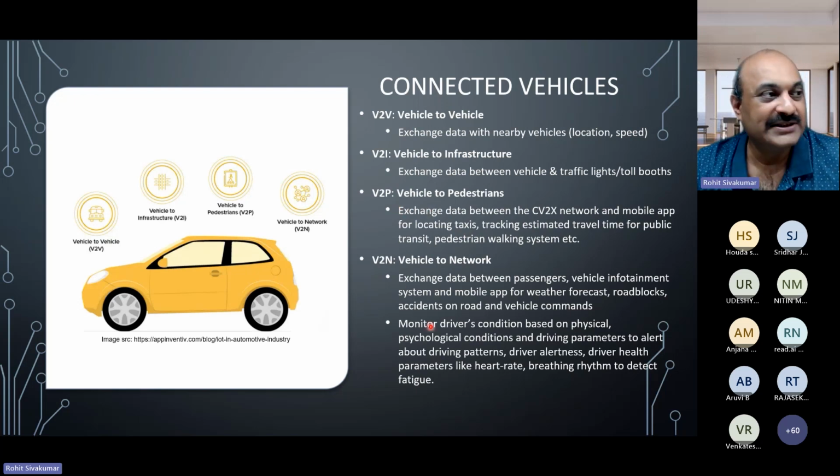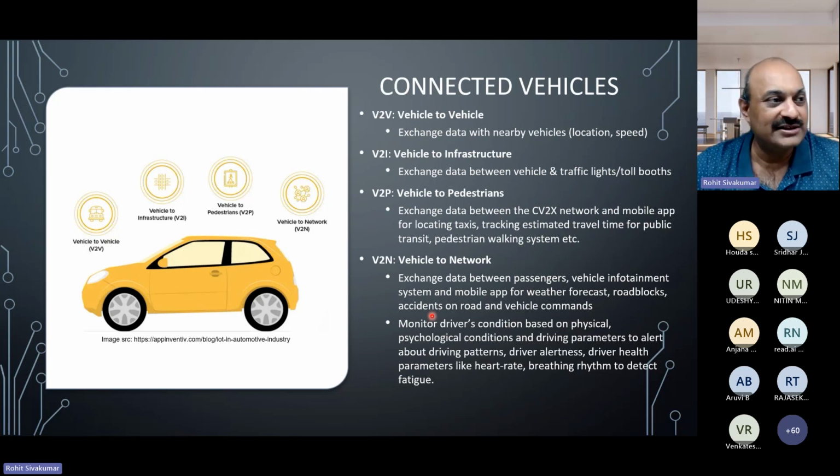And the fourth is vehicle to network. Vehicle to network is about speaking to the dashboard, getting the weather forecast before you travel on an upcoming journey, taking notes about what roadblocks there are so that you could take an alternate route, optimizations like fastest route, toll-less route.